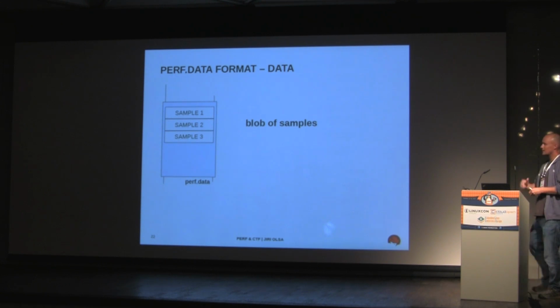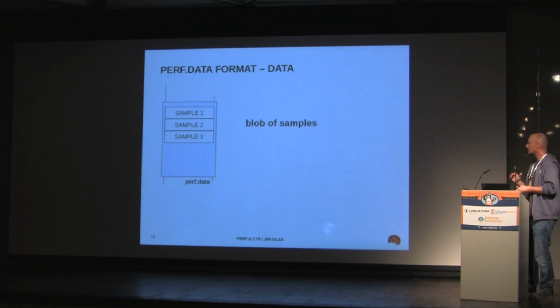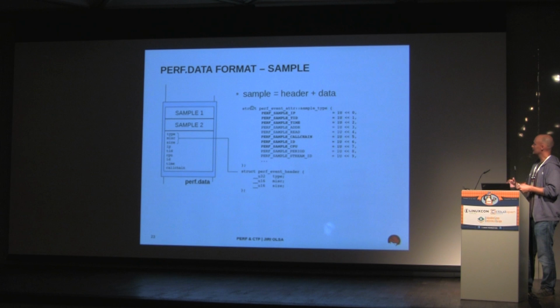The event descriptions are followed by the data section. The event data is called a sample. And here is another place which is very tightly bound to the kernel. When we store the data to perf, we take whatever the kernel gives us as the data, and we store it as a stream to the data file.